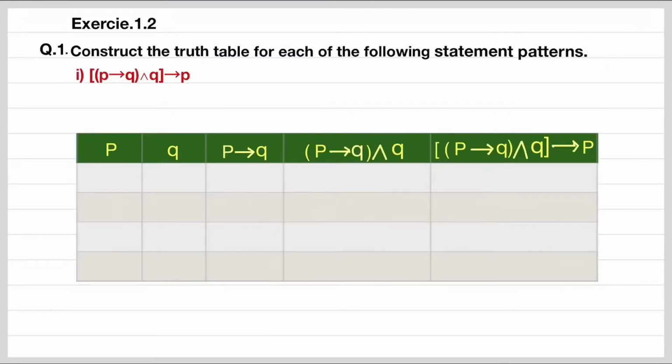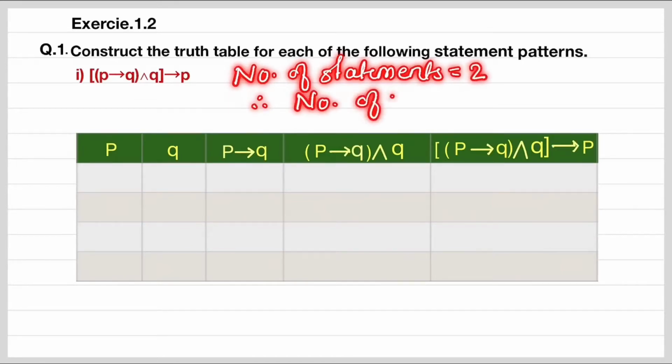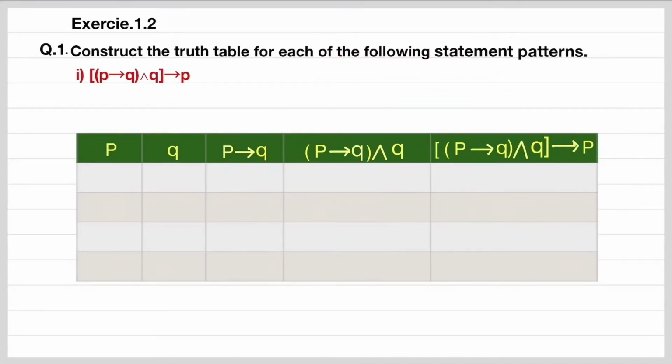First question, construct the truth table for each of the following statement patterns. First example, P implies Q and Q implies P. Here, how many statements? 2 statements. Therefore, how many rows? 2 raised to 2 is equal to 4 rows.